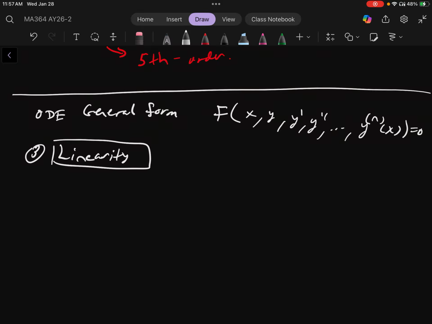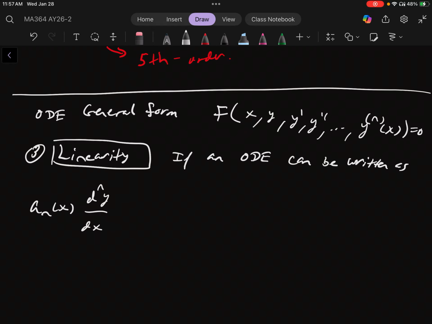So there's a measure of what we call linearity. Basically the definition of linearity is if an ODE can be written in the following form, then it's called linear. First off, you have a bunch of coefficients. This would be the highest derivative, the nth derivative, with some coefficient that's a function of x, not a function of y.